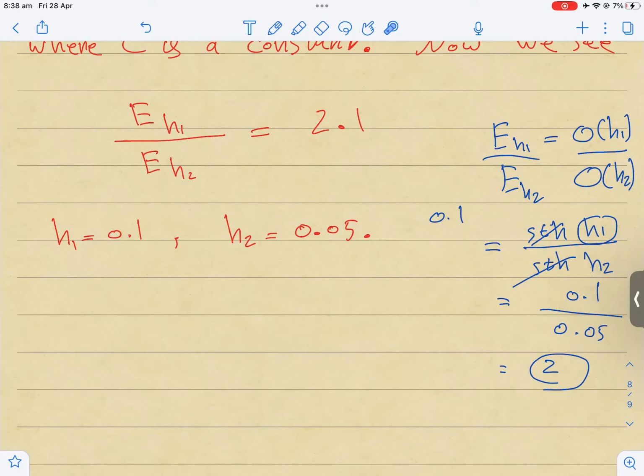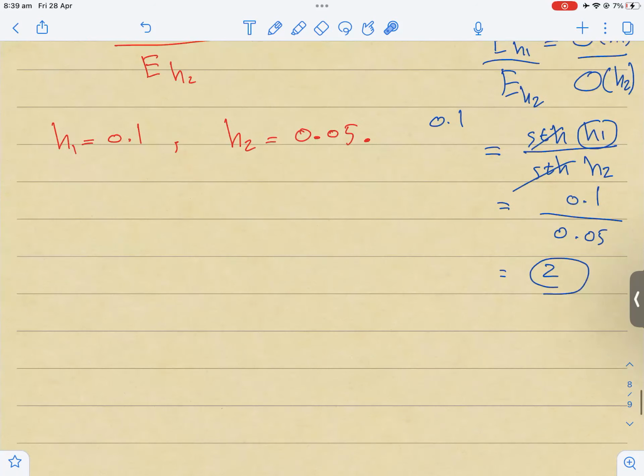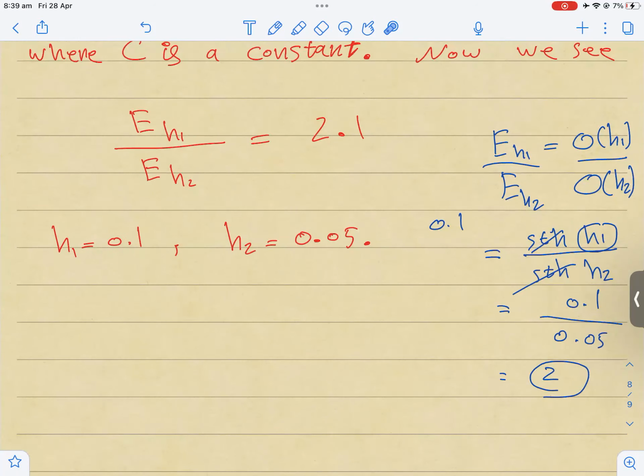But actually we expected that already, because for H1 and H2 the error is big O notation of this, something times H1, something times H2, almost cancelable, and this will be H1 divided by H2. It means if it is twice, it will be 2. Okay, so let's go to this part.